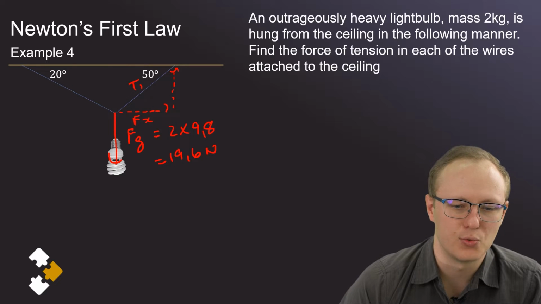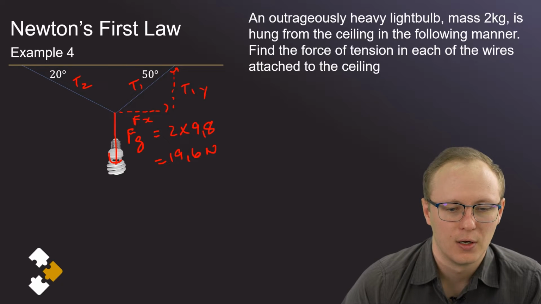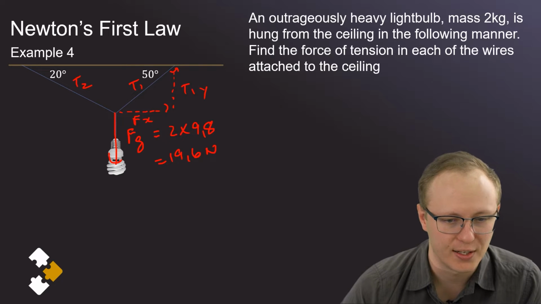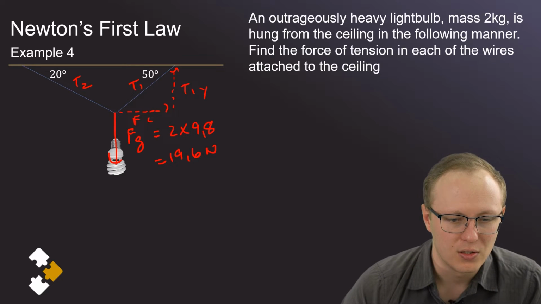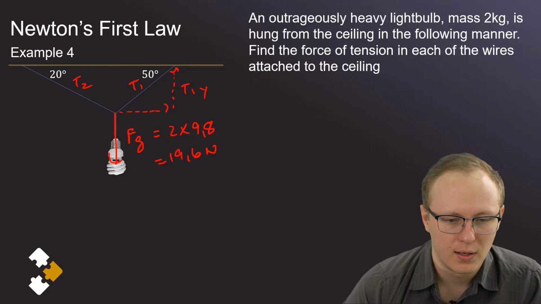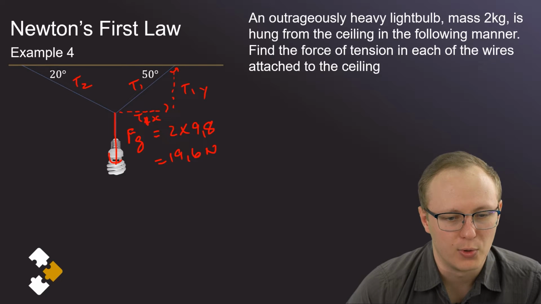Let's call this T1 and let's call this T2. So this is going to be T1y. I called it Fx, but I actually now want to call it T1x, so let me get rid of that with my eraser. And then I'm going to call this T2x, T1x, maybe a T-rex.